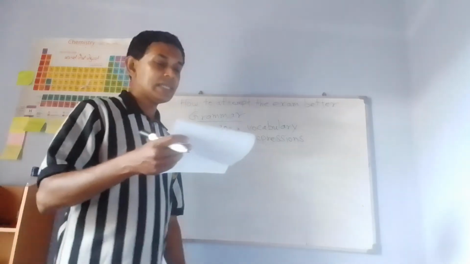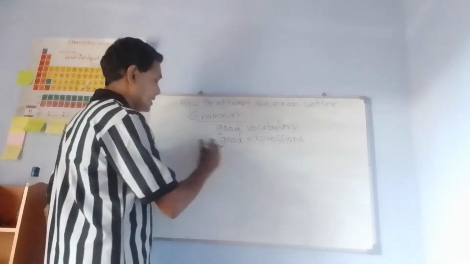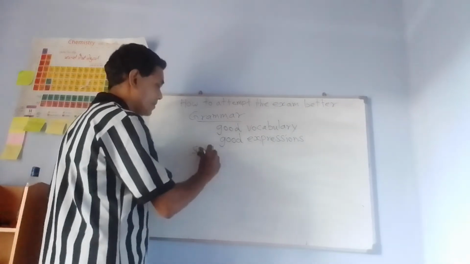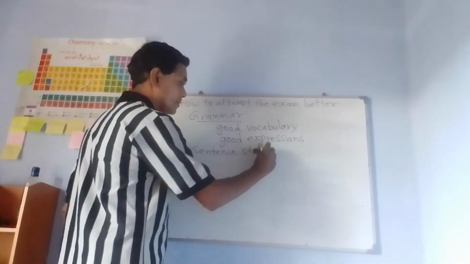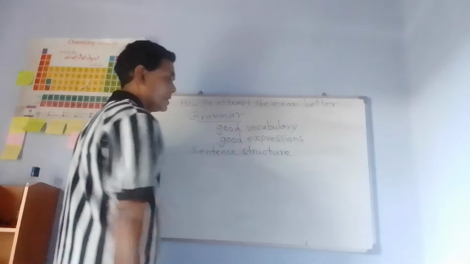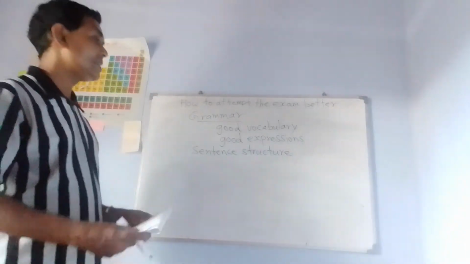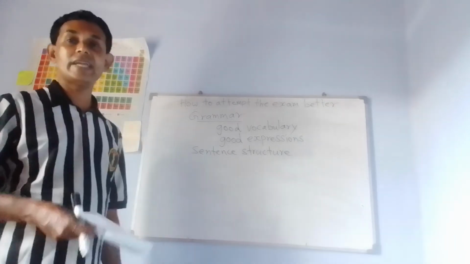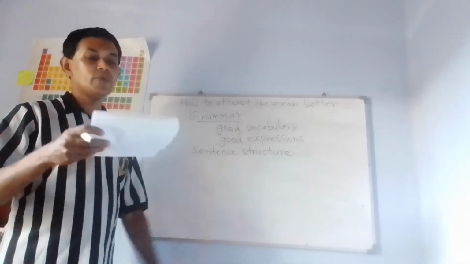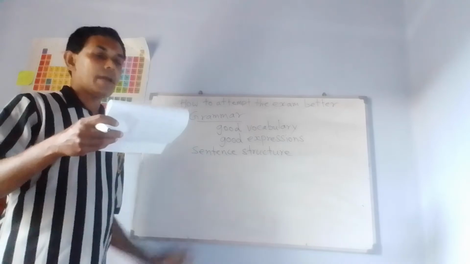Then sentence structure. Next one is sentence structure. Sentence structure means the basic structures and complex structures. There are different kinds of structures that we can teach them to write. They must be grammatically correct.